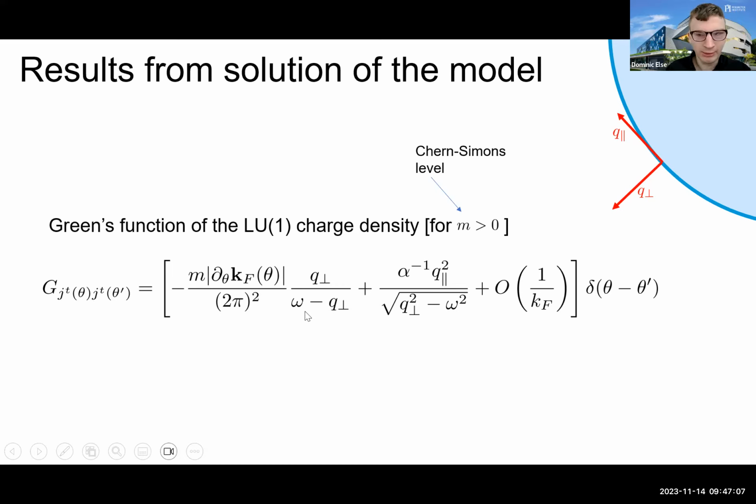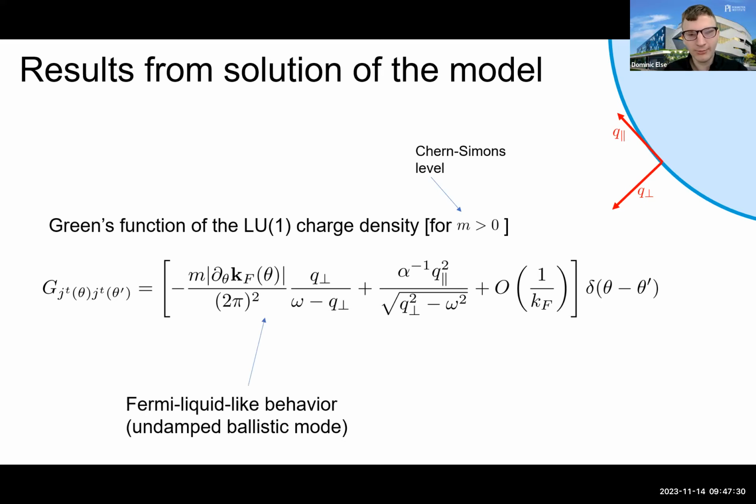And then there's this interesting structure you get here. You have a pole at omega equals q perp. Here I've decomposed the wave vector into components parallel to the Fermi surface and perpendicular to the Fermi surface. Usually poles in Green's functions tell you there is some propagating mode, and it moves at group velocity VF.